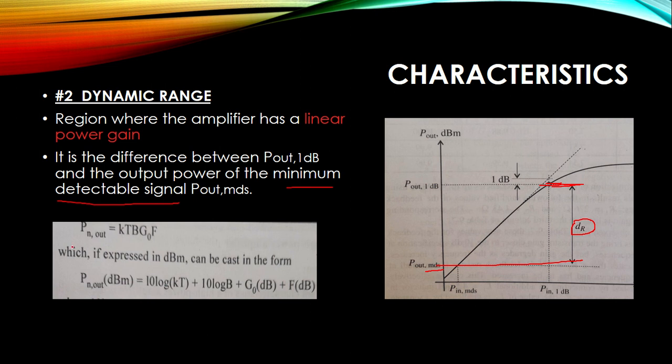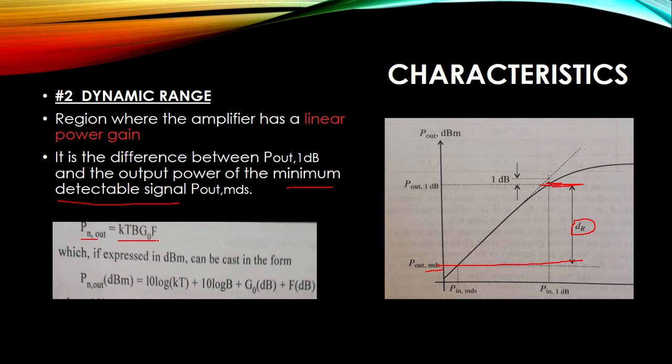Now coming to the formula of the output power, it is given by these parameters: K, T, B, G0 and F. KT specifies the temperature variation. Now why should temperature be considered? RF devices are mainly used for communication purposes. Communication means wired or wireless, where a lot of external environmental factors come into force.